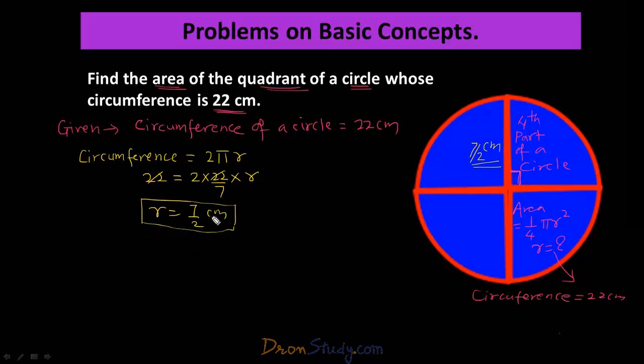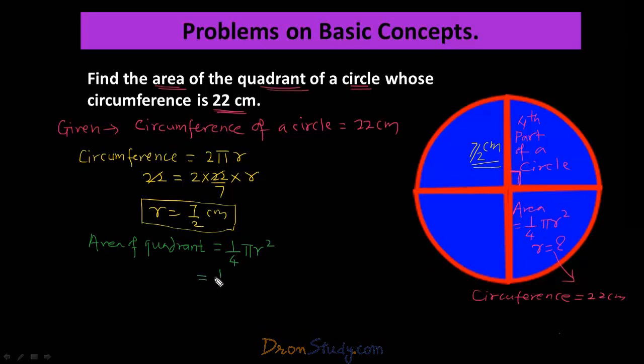Now we got the radius, and so we can find the area of the quadrant. So area of quadrant is equal to 1/4 of pi r square.